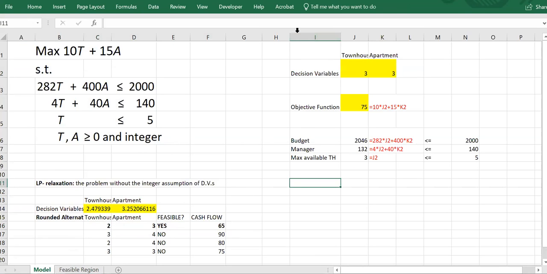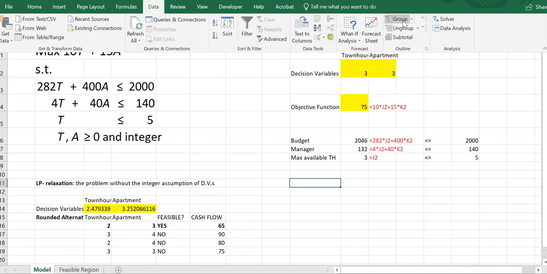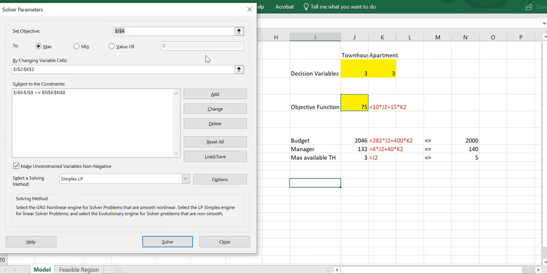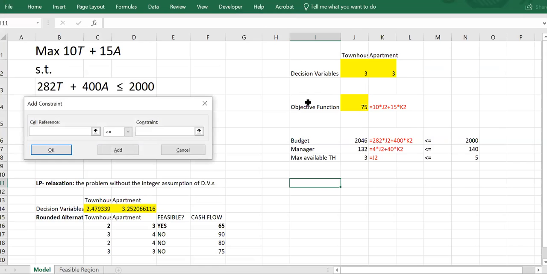So I'm going to go back to my solver, and this is how we add the integer constraint. The way you define the integer assumption for your decision variable is by adding an integer constraint. So I'm going to add it, I want these two decision variables to be integer.